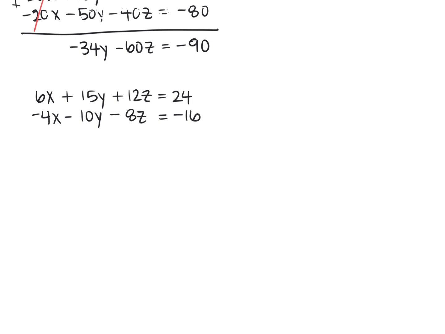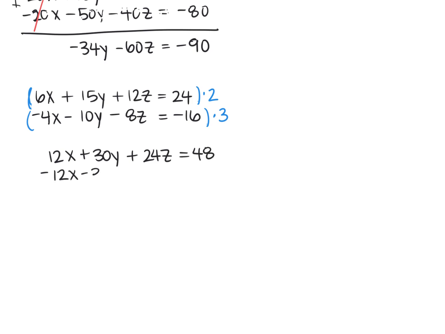So I'm going to multiply my first equation by 2 and my second equation by 3. So I don't necessarily have to multiply the equations by the other variable's coefficient. So we get 12x plus 30y plus 24z equals 48. And then negative 12x minus 30y minus 24z equals negative 48.